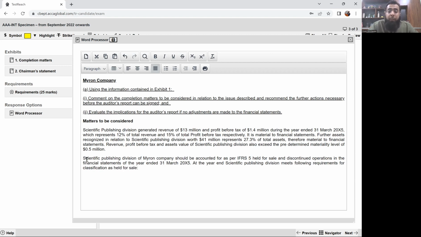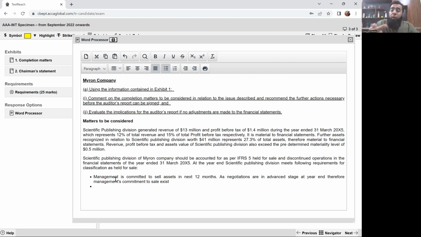Now, what are the requirements? I hope you all remember. Number one, management is committed to sell the assets in the next 12 months. Okay, as negotiations are in an advanced stage at year end, therefore, management's commitment to sale exists.